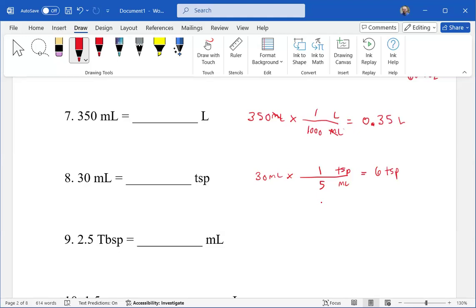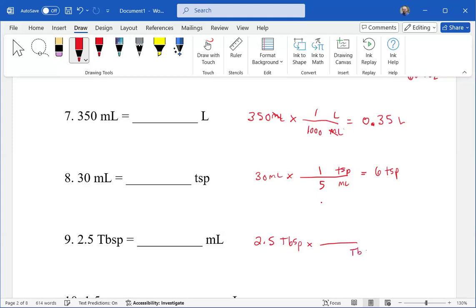Number 9, again, this time it's probably more what you'll likely see, where you're going from the American Standard System, tablespoons, to the metric system, milliliters. So you're going to take your 2.5 tablespoons and make a conversion.